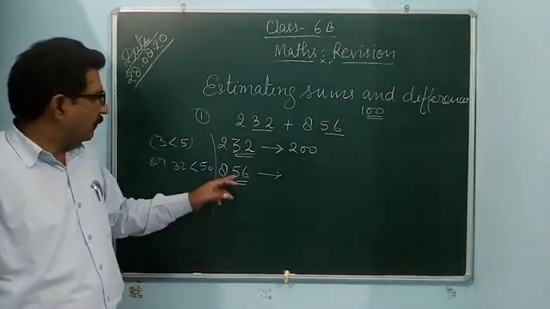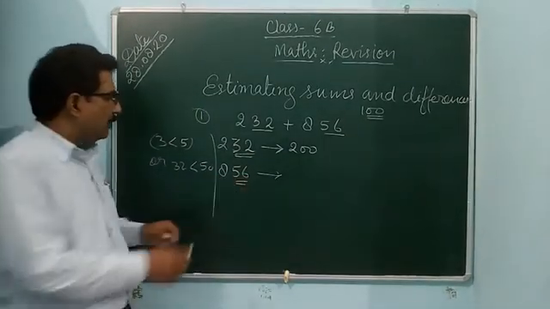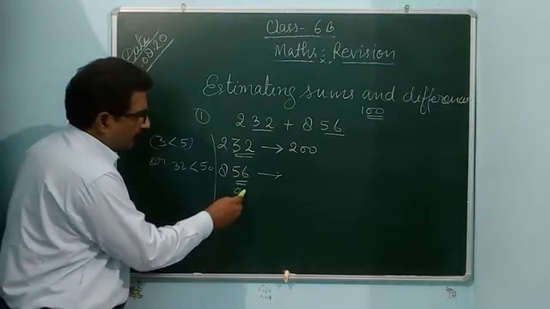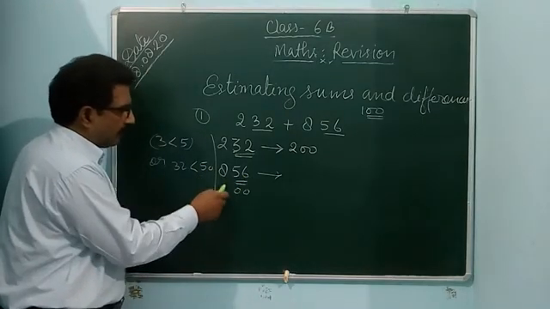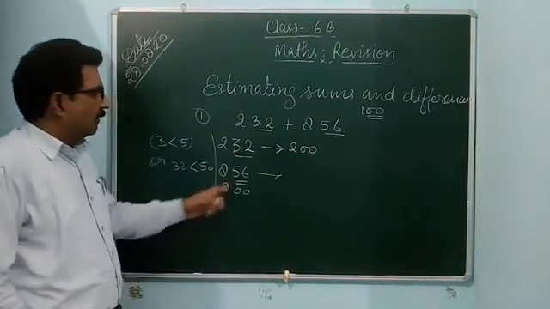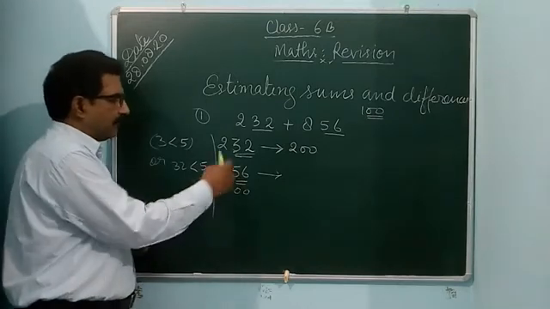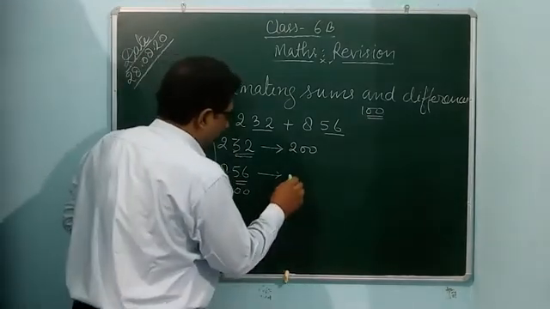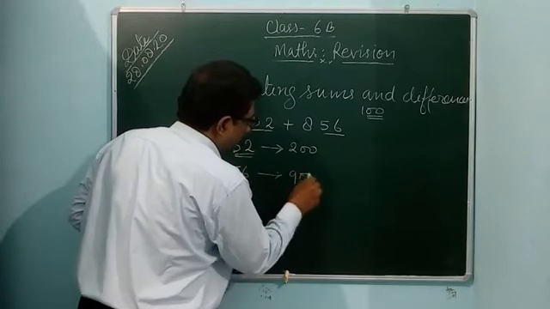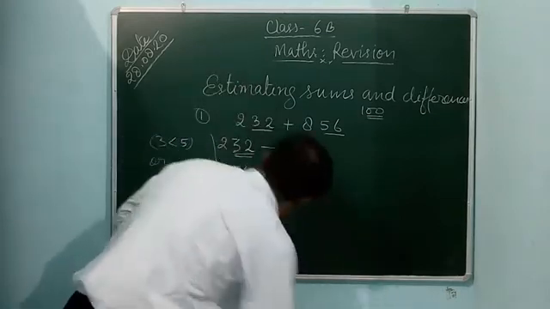So 856 becomes 900, as 8 increases by 1 and it will be 9. So 856 rounded off is 900. Now you estimate the sum.